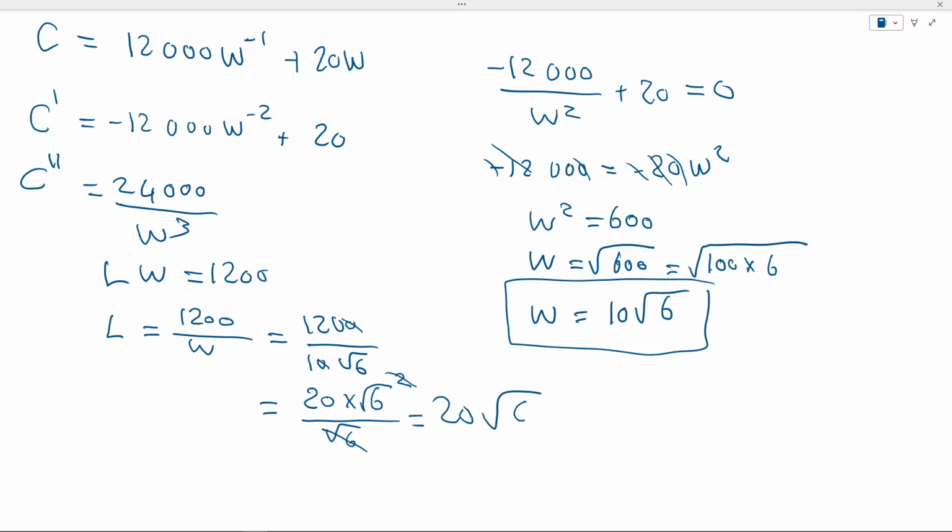Then I got 20 times root 6. So here I got L is equal to 20 root 6.